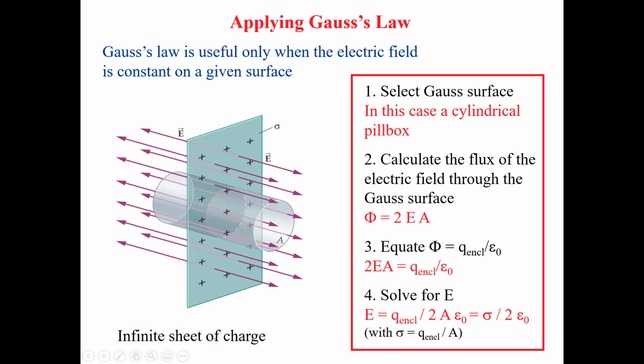For this infinite sheet of charge, since it is positively charged, then ang electric field ani is away from the sheet. Okay? So sa right sa imong sheet, ang electric field is going to the right, or it is directed to the right. And then dili po sa pikas nga side, it is directed in the opposite direction.